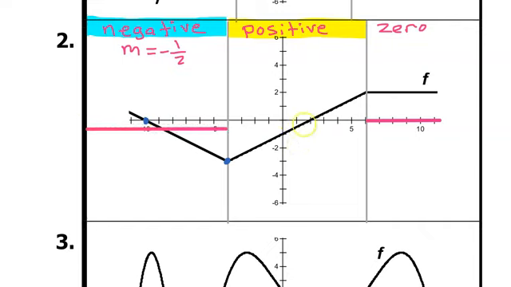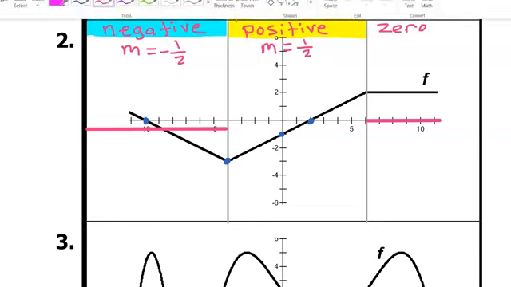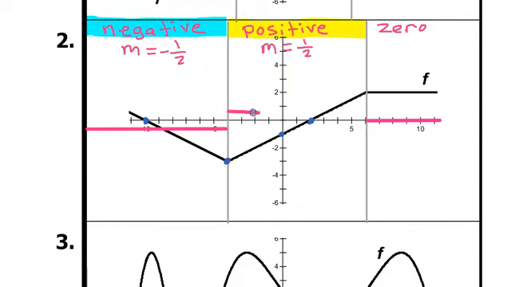Similarly, in the next interval, we can use points like this one and this one to see that the slope of this straight line is positive 1/2. This is up 1 over 2. So the slope in this entire interval is constantly 1/2. So again, that means we can draw f prime as a horizontal line at 1/2.